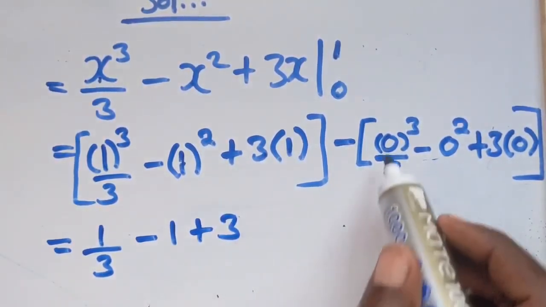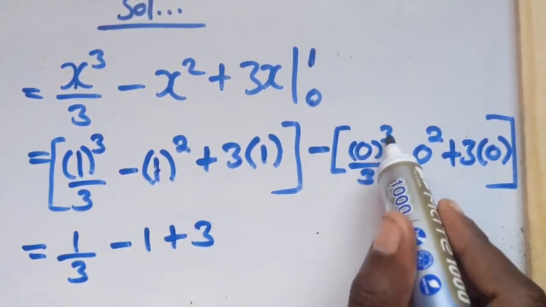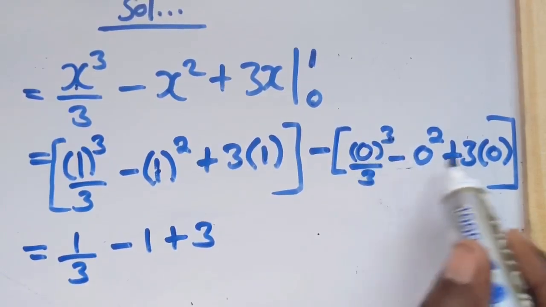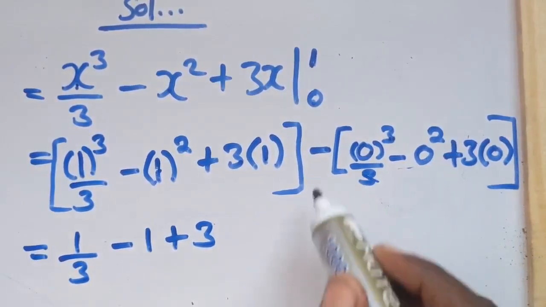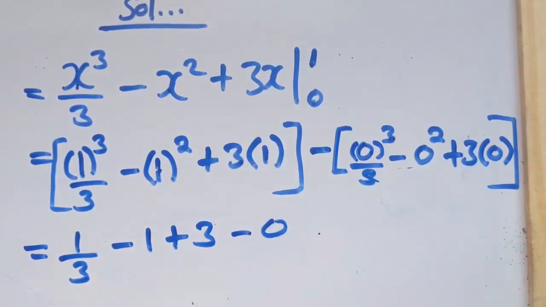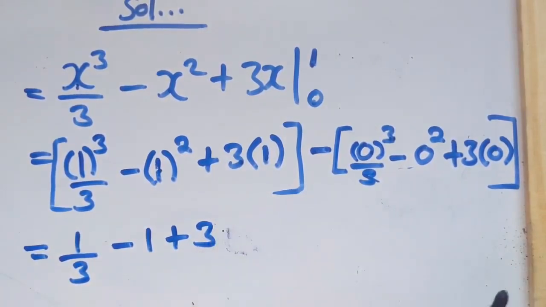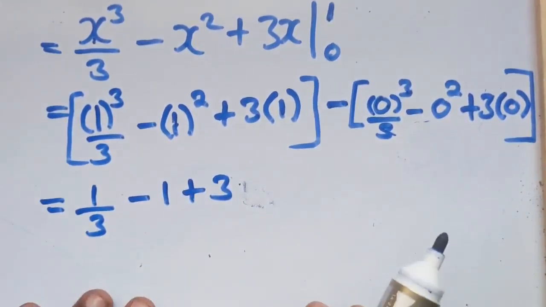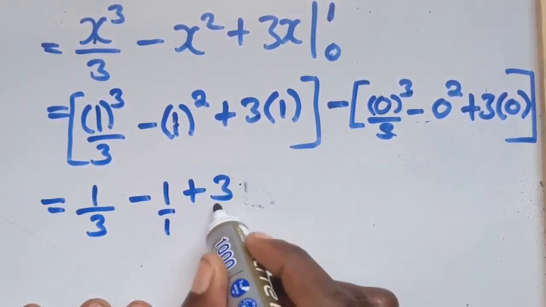If you look at this, 0 to the power 3 is just 0. Everything on this side is going to be 0. Then minus 0, which means nothing. 0 is nothing. So we have this one as our fraction. So we are going to put a 1 over 1.